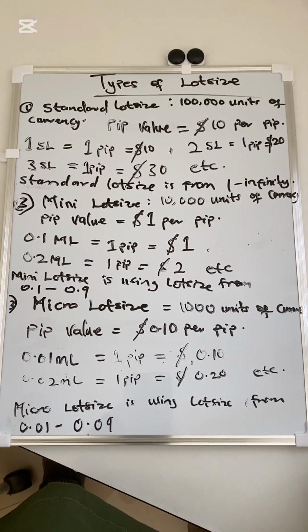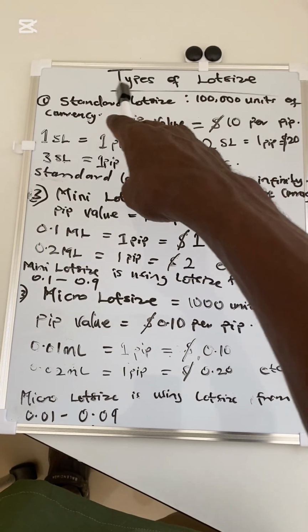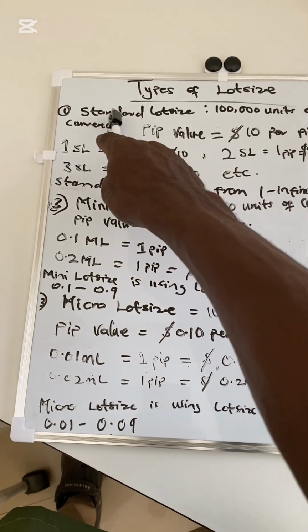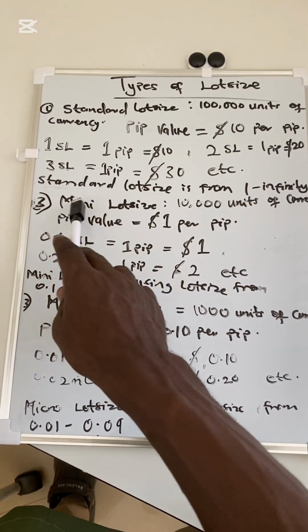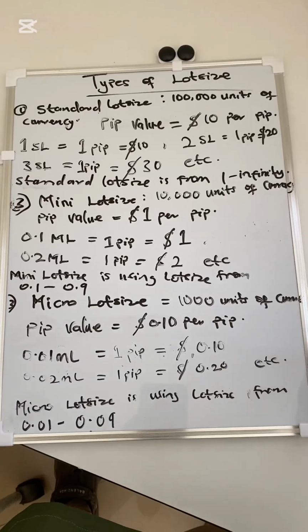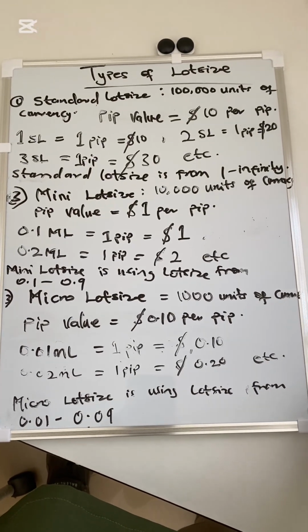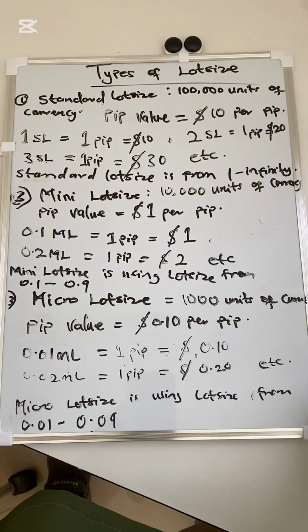So let's dive into the lot size calculation. We have a standard lot size, a mini lot size, and a micro lot size. When we say standard lot size, it's when the market makes 100,000 units of currency.